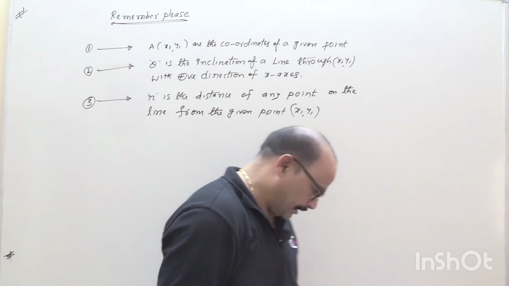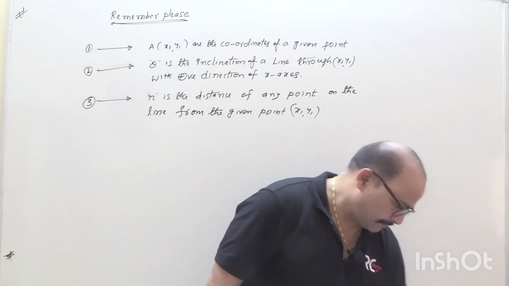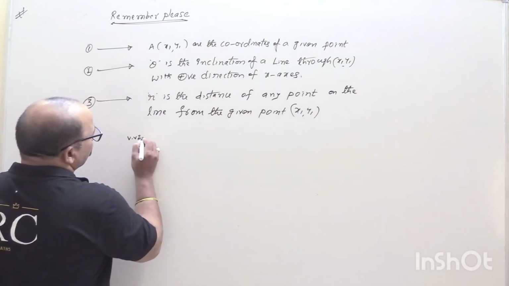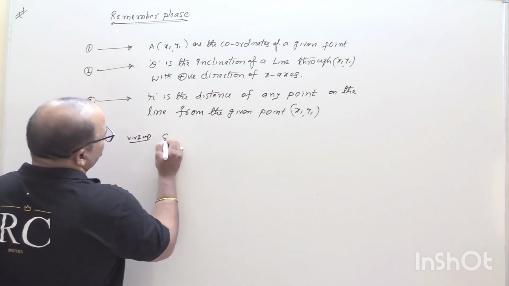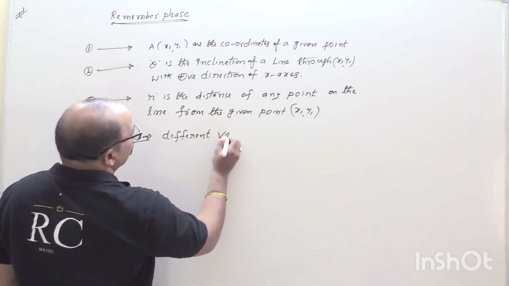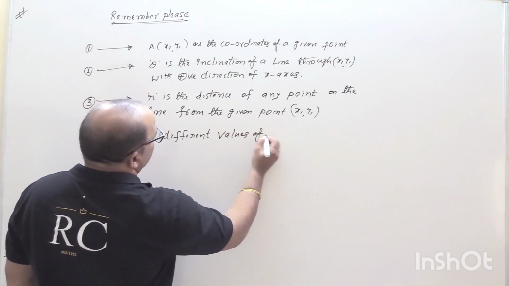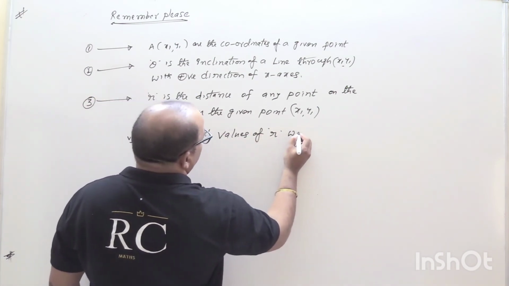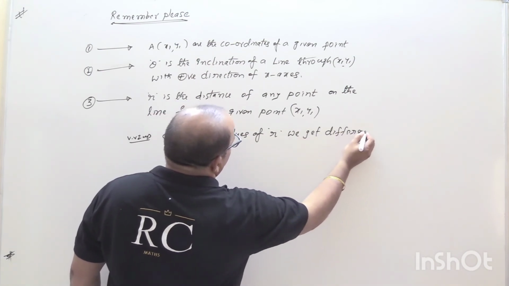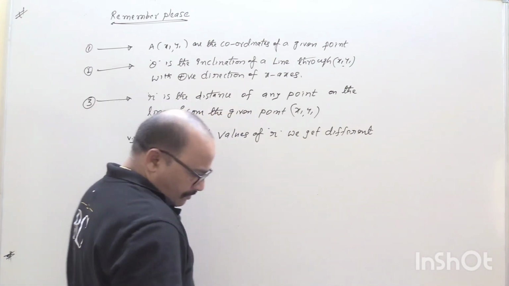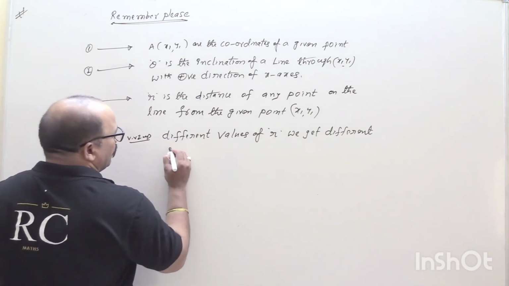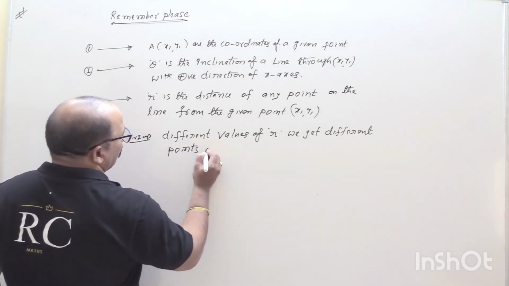Next, very very important: different values of r give different points on the line.